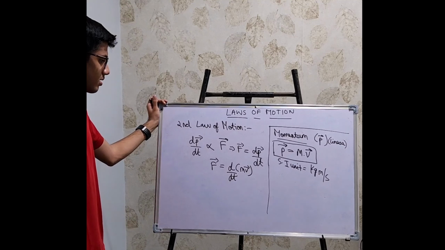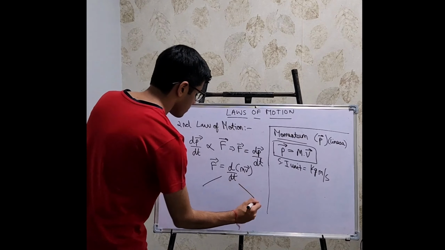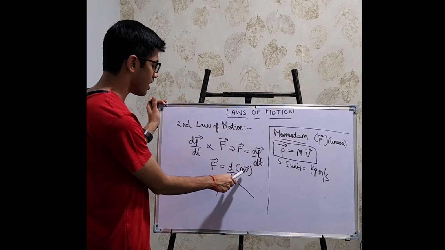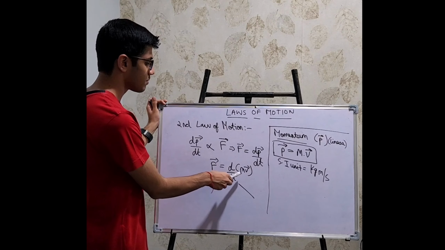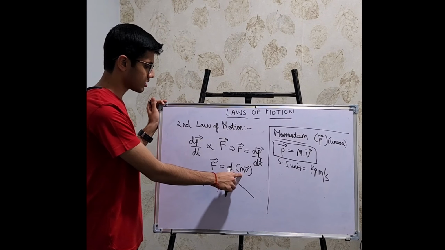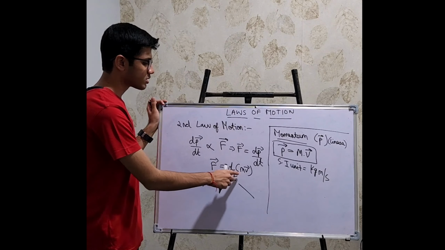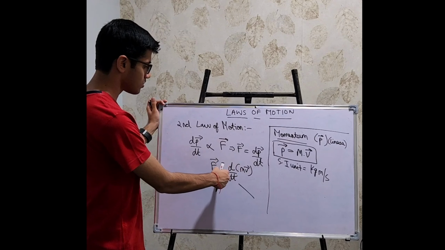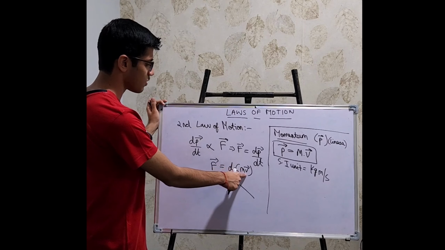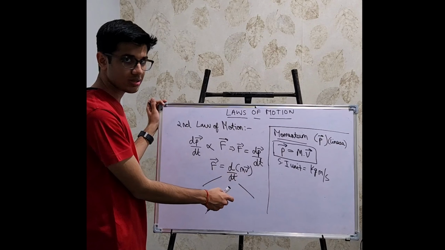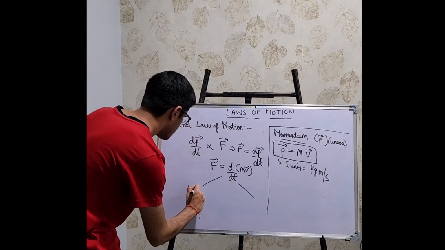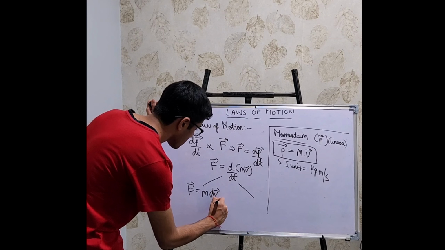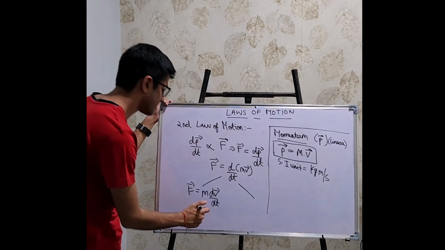Now there are two cases here. If we consider the mass as constant for a body, which usually it is because the mass does not change, we can bring the mass outside, because differentiation does not happen on a constant. That means F is equal to m dv by dt. This is if mass is constant.